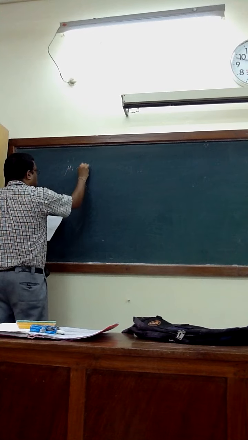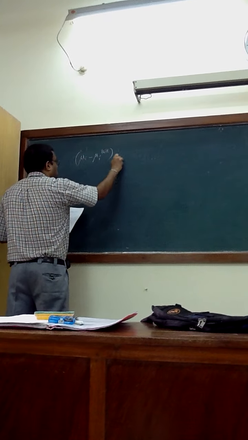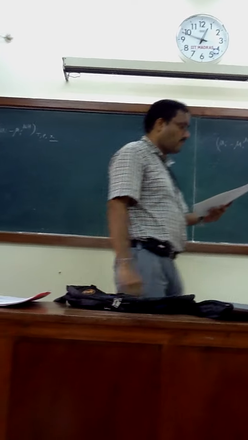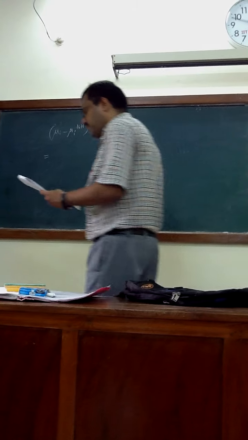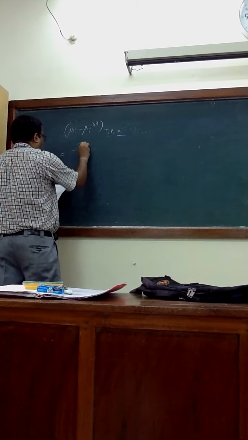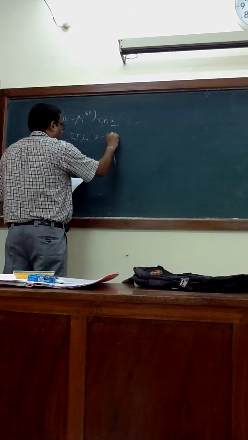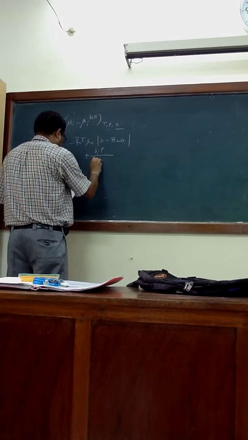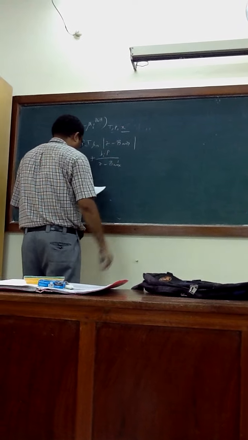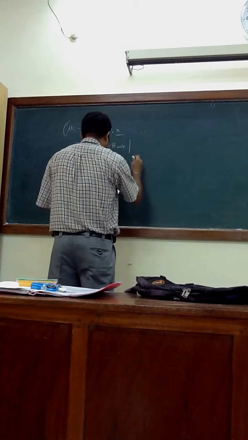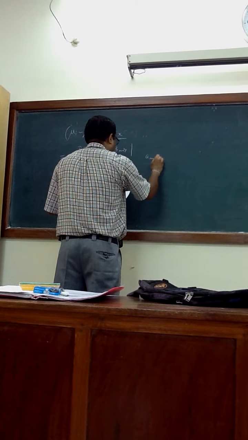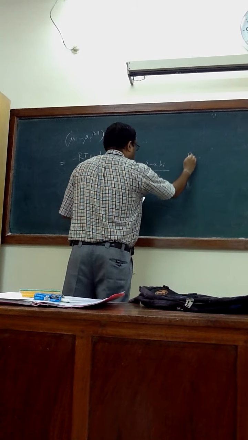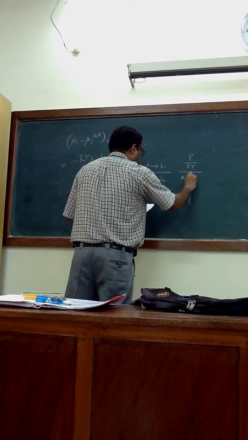Mu I minus mu I IgM dP x bar. Minus RT ln mod Z minus V mix plus BIP by Z minus V mix minus A mix BI by B mix P by RT by Z plus B mix.